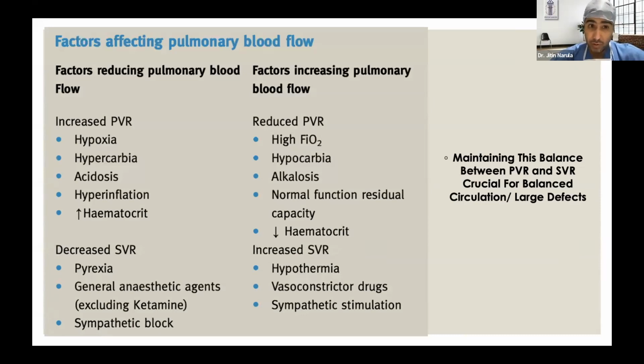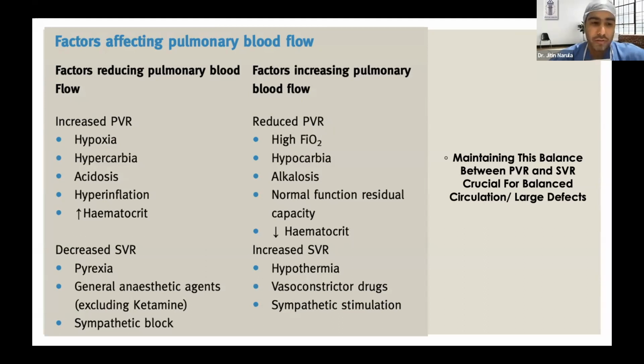resistance. We must be aware of various factors which can affect the pulmonary blood flow, like increased pulmonary vascular resistance, which can happen secondary to hypoxia, hypercarbia, acidosis, hyperinflation. All these settings are very common during the perioperative events.